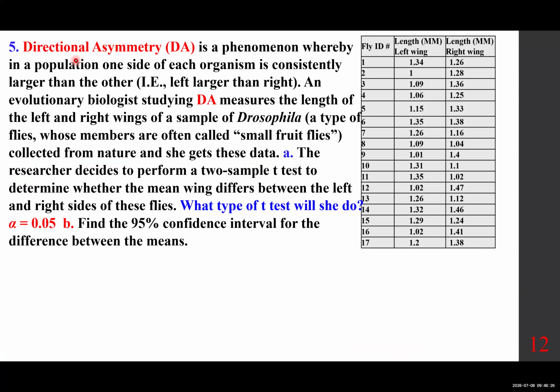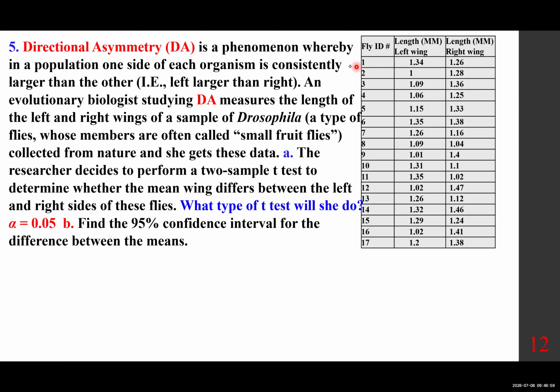Directional asymmetry, or DA, is a phenomenon whereby in a population, one side of each organism is consistently larger than the other, i.e. left larger than right. An evolutionary biologist studying DA measures the length of the left and right wings of a sample of Drosophila, a type of flies whose members are often called small fruit flies, collected from nature, and she gets this data.